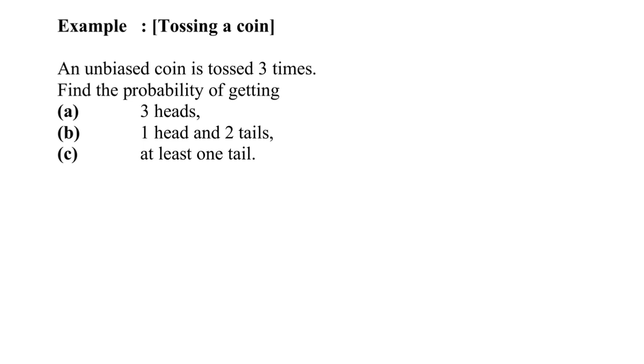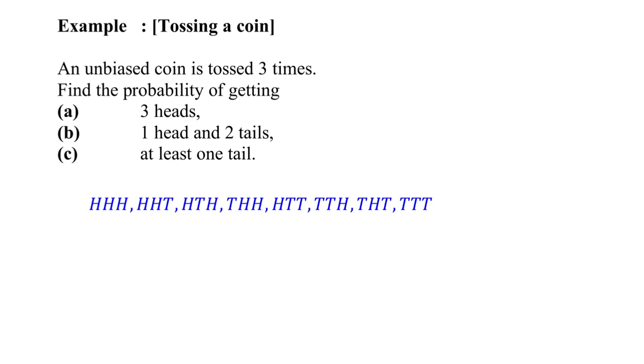Step 1, let's list out all the possible outcomes so that we will know what is the total number of outcomes. So after I list out all the possible outcomes when I toss a coin 3 times, then I will see that there is 1, 2, 3, 4, 5, 6, 7, 8.